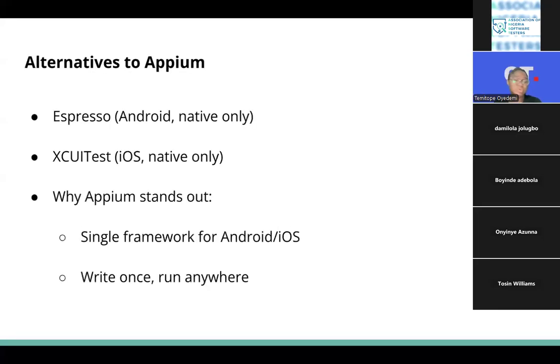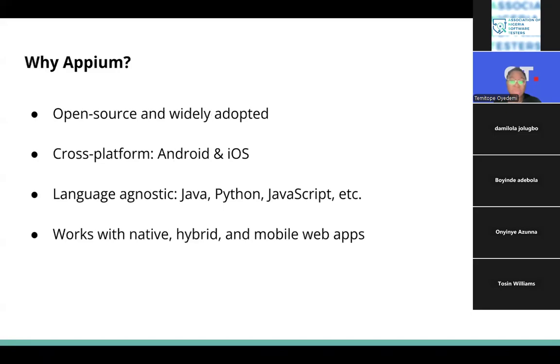Alternatives to Appium include Espresso, which deals with Android and native only. But Appium deals with Android, iOS, native, and hybrid. When we talk about hybrid, we are talking about the way the application is compiled. Some Android applications, depending on how they are compiled, you can use as mobile web applications, and some are native.